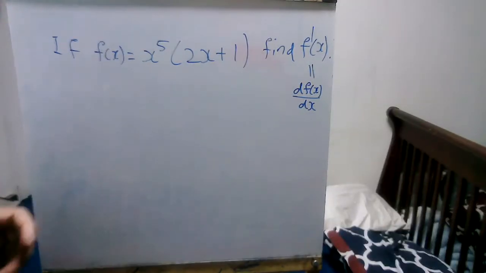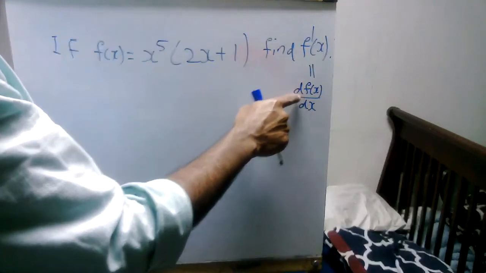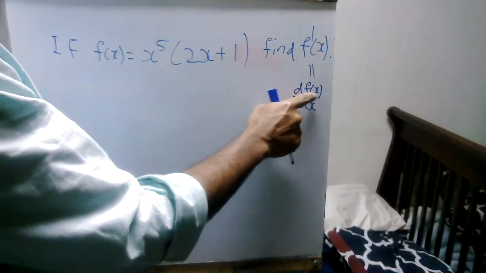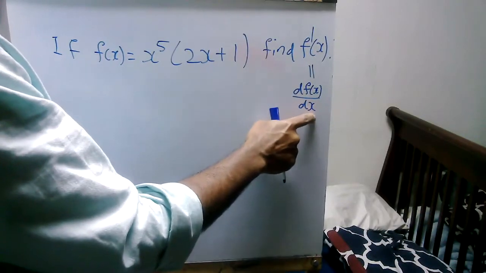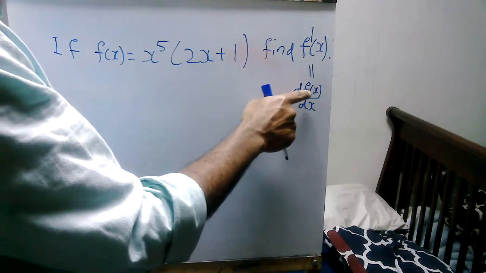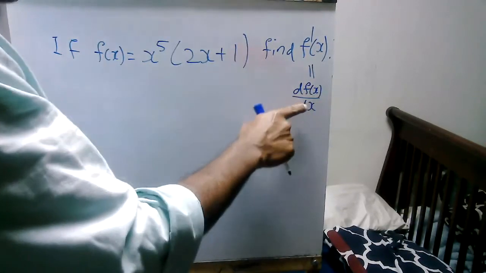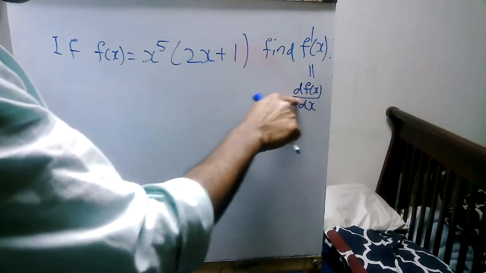I would like to remind you again, this does not mean d times. This means the derivative of f(x) with respect to x. This is not d times f(x) divided by, no division. This is not a division.